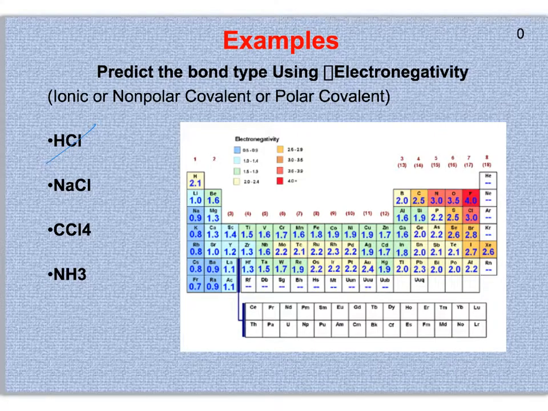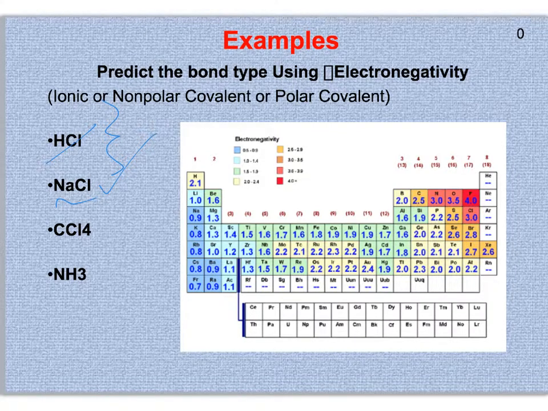We just did hydrochloric acid, so let's do sodium chloride. I will warn you that there are some ionic compounds that, when you calculate the difference in electronegativity, will actually put them into the polar covalent group instead of ionic. I hope I didn't leave anything like that in homework, but if I did, don't worry about it.